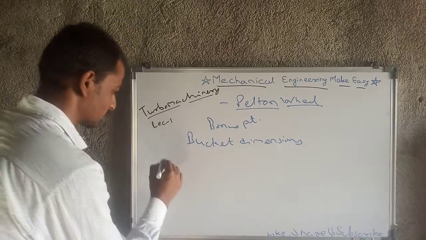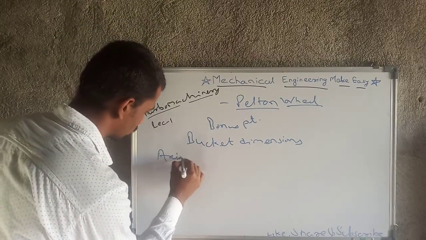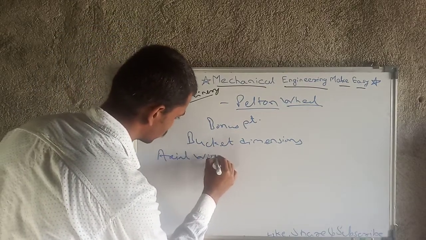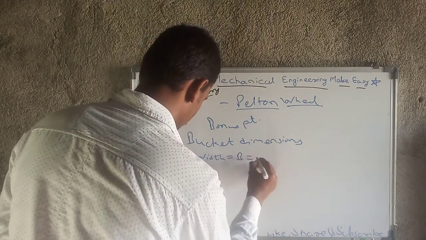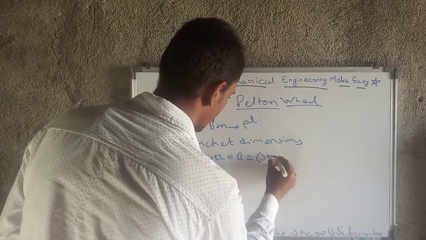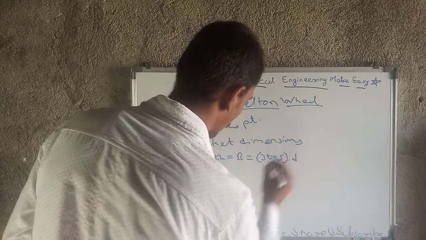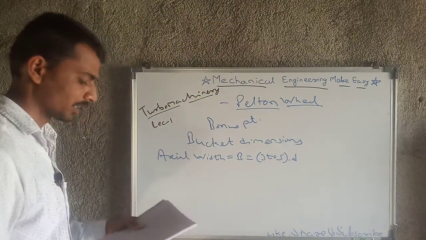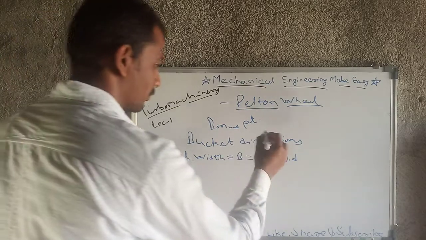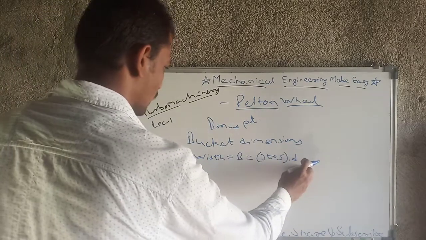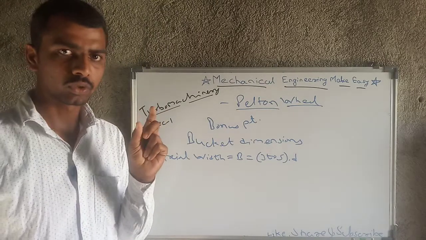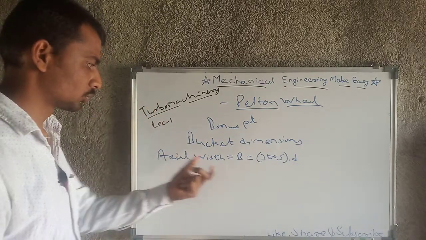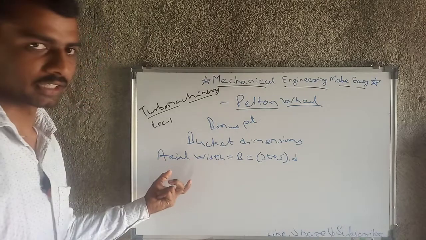So what is axial width? It is denoted by B, which is equal to 3 to 5 times small d. Okay, and that small d is nothing but the jet diameter. So ultimately the values are dependent on jet diameter, because as jet diameter is going to increase, the strength of that bucket should be increased.